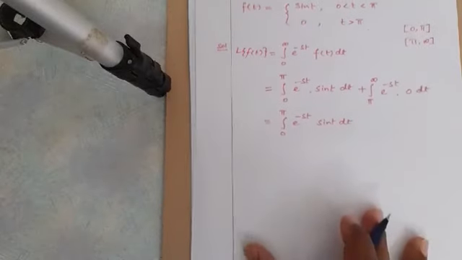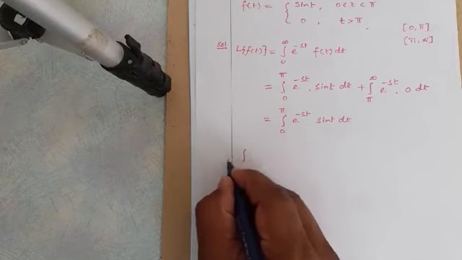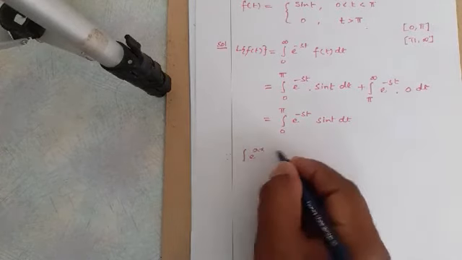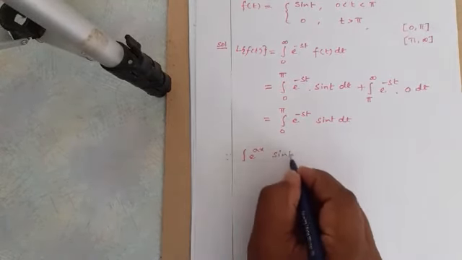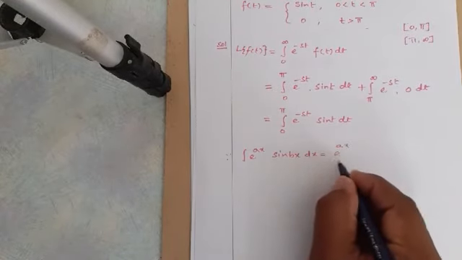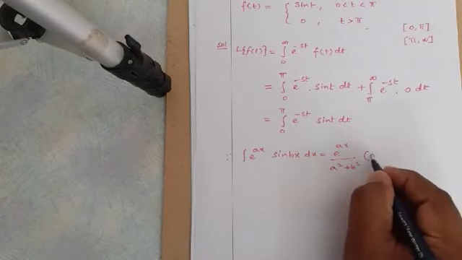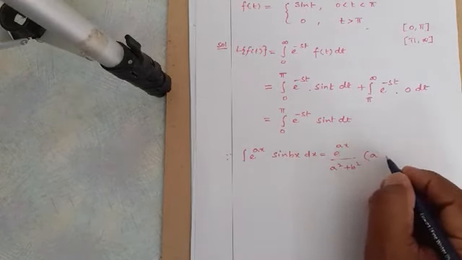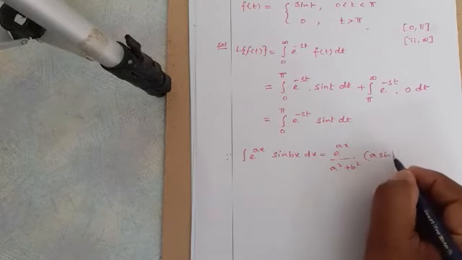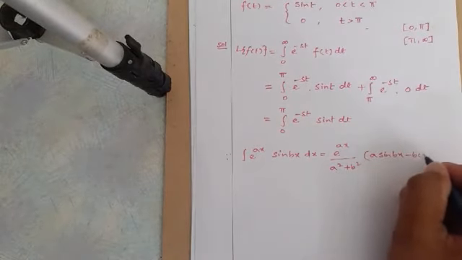Now we use the formula: integral e power ax sin bx dx is equal to e power ax upon a square plus b square into a sin bx minus b cos bx.